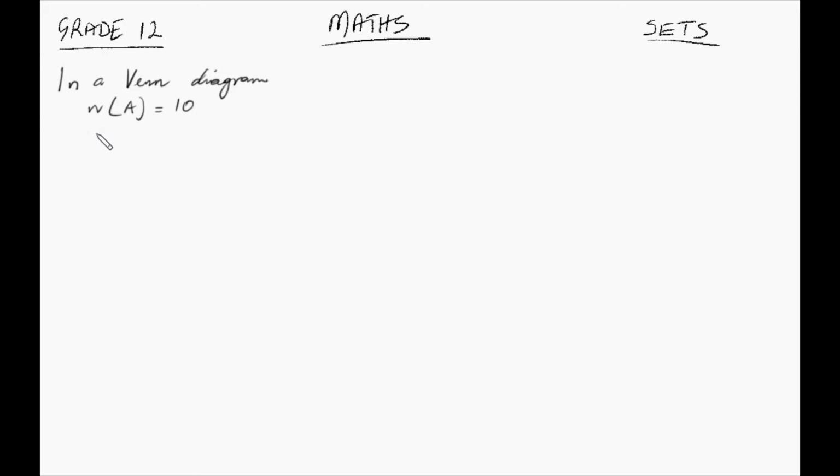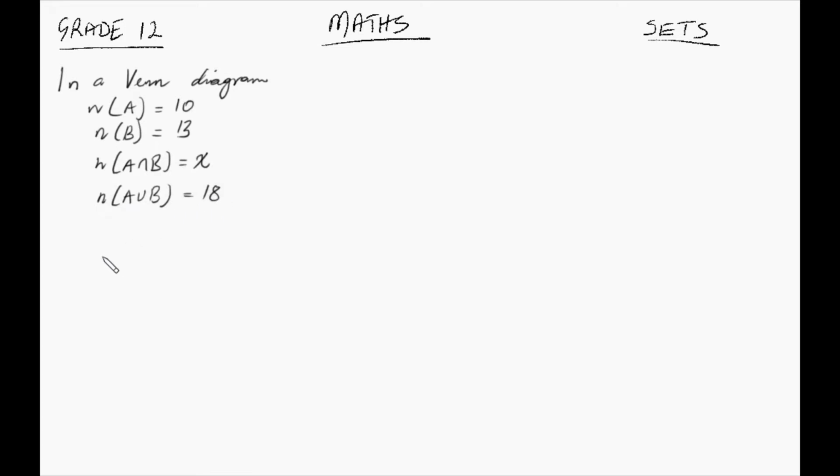Then we have n of B equals, say, 13. And then n of A intersect B, say it's x, and n of A union B is, say, 18.